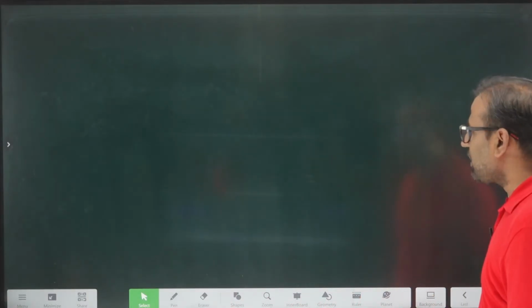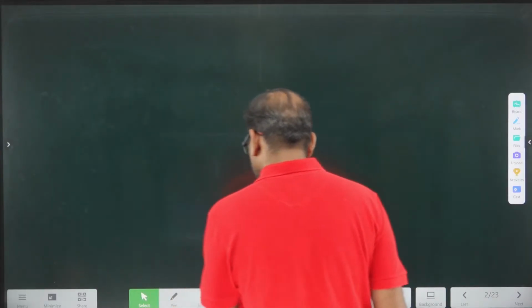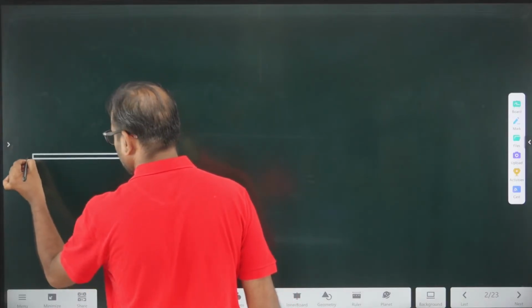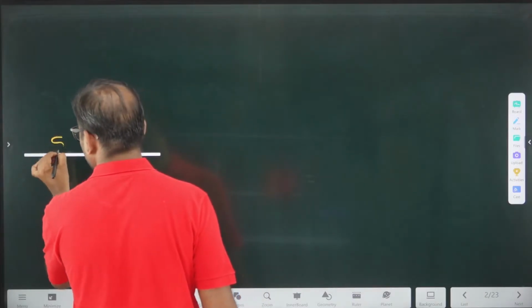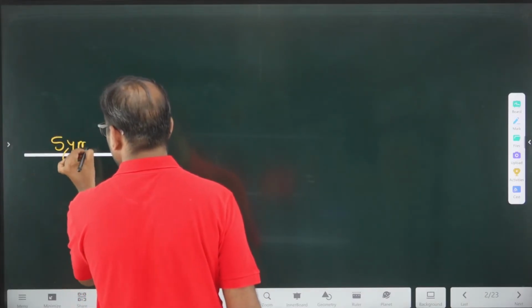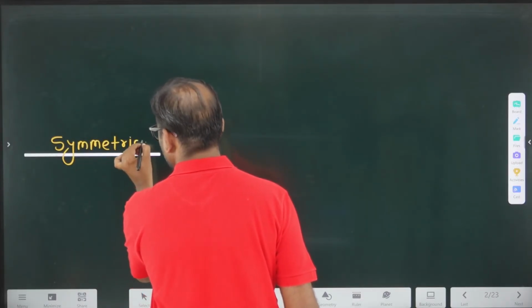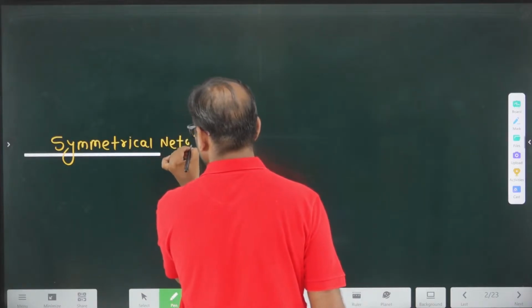Now let's go for the next condition, and the next condition is reciprocal and symmetrical network. Let me show you the condition for a symmetrical network.